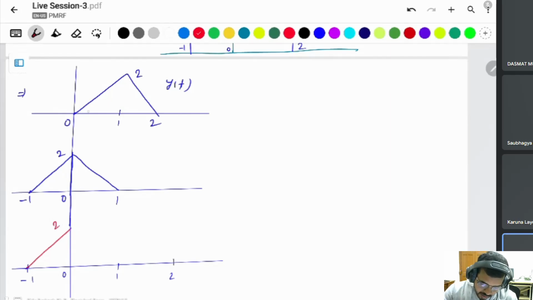Then after this one, the slope will decrease. This is increasing, this is decreasing. If you subtract at the same slope, both have the same slope, then we will get a constant output. Then after this it will be 0, only this one is present. Then this will look like that, trapezoidal.